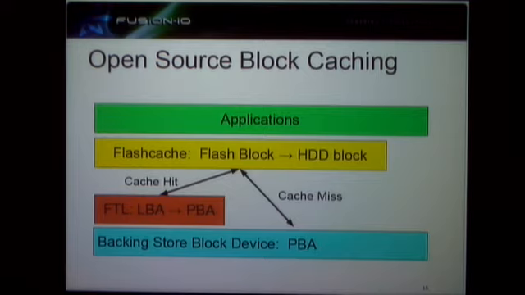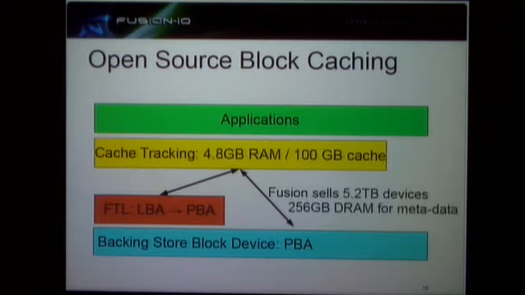FlashCache maintains its own mapping layer from the flash block to the hard drive block so that it knows whether to look things up for a cache hit, where it then goes to the FTL, which performs a logical to physical translation, or on a cache miss, it simply goes to the backing store, which has a one-to-one mapping down to the physical address on drive.